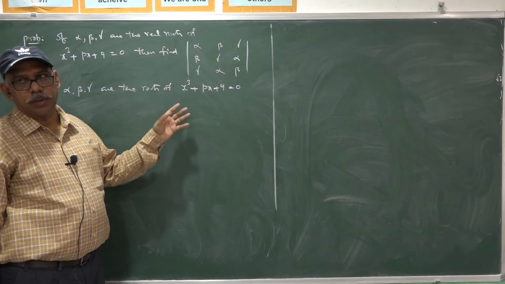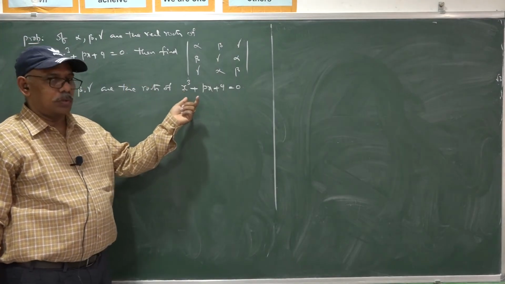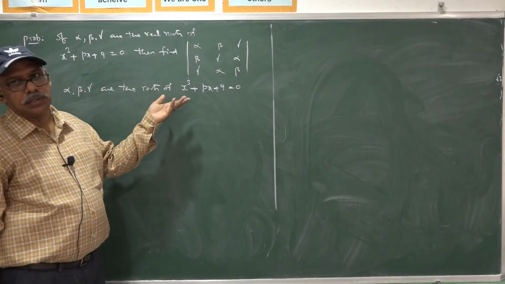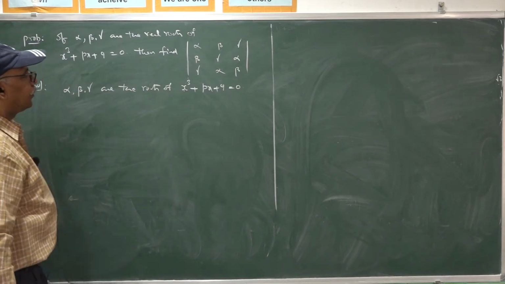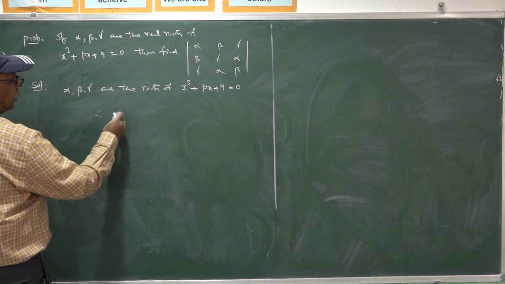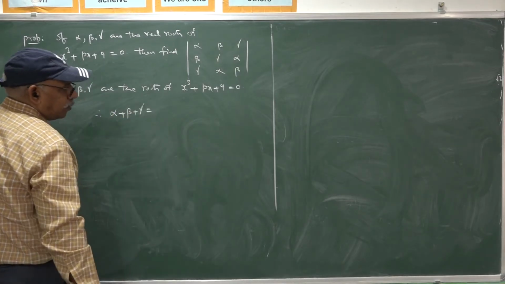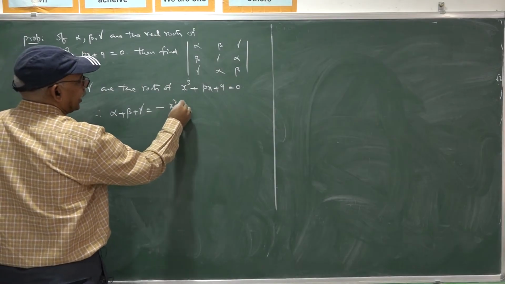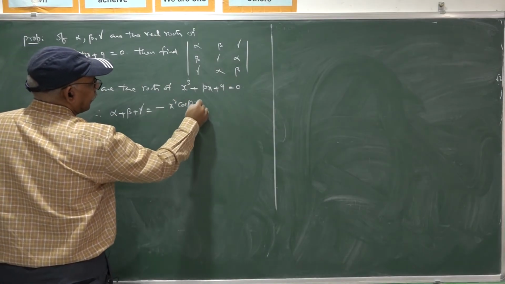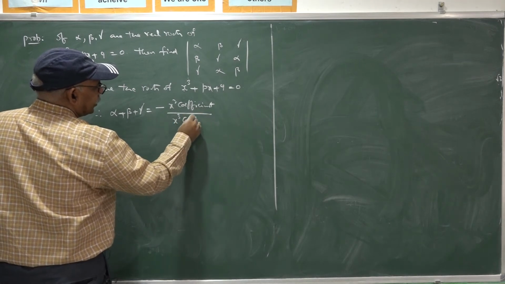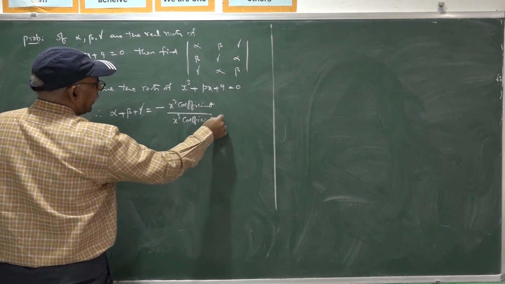Once in the cubic equation there is no x square term, the sum of the roots must be 0. So, the sum of the roots alpha plus beta plus gamma is minus x square coefficient by x cube coefficient. This is our formula.